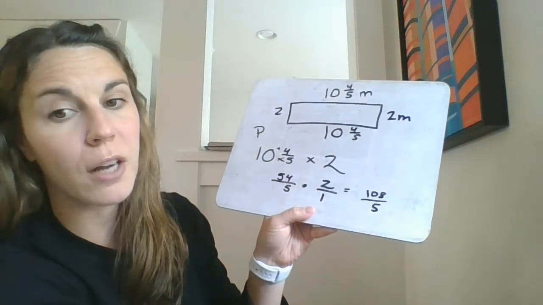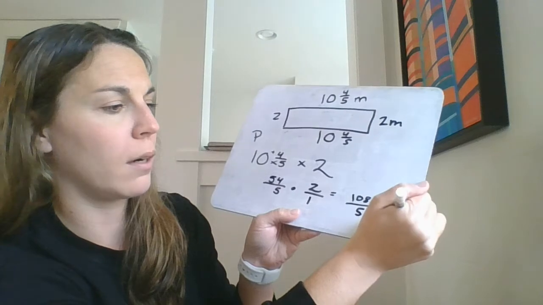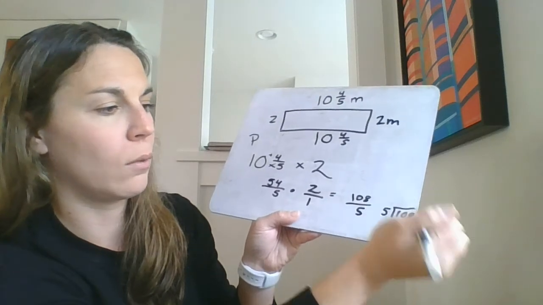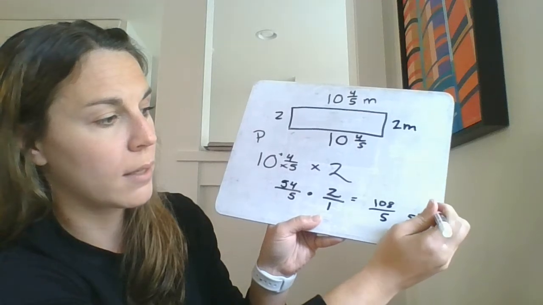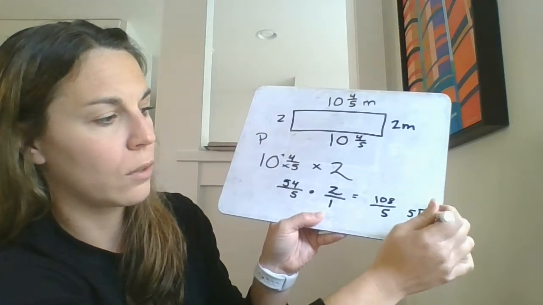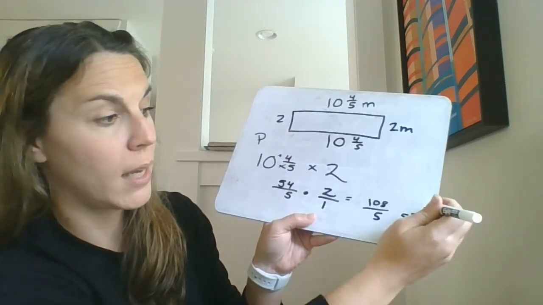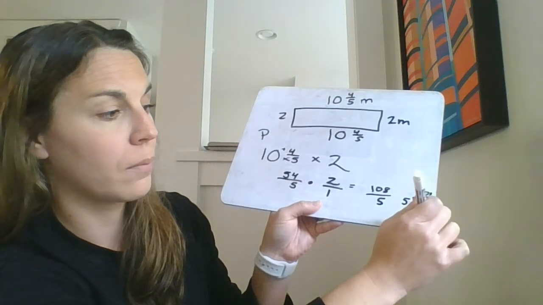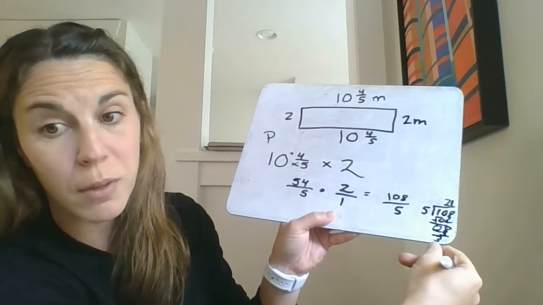And again, if we're not sure, we can just divide it. So 5 can go into 10 twice perfectly. Drop down my 8. 5 can go into 8 one time. So I'm left with 3.